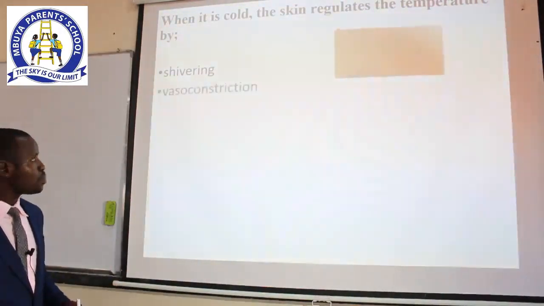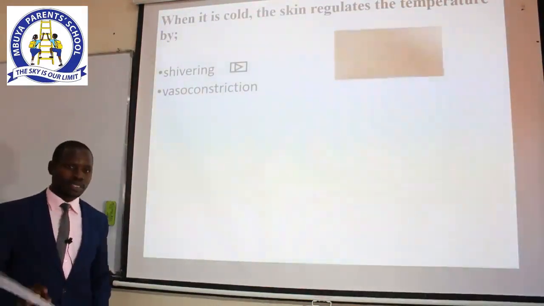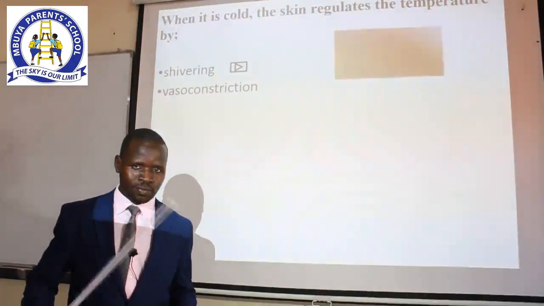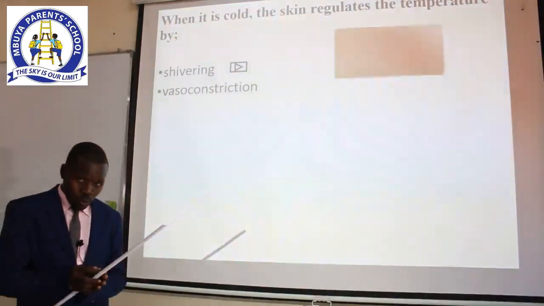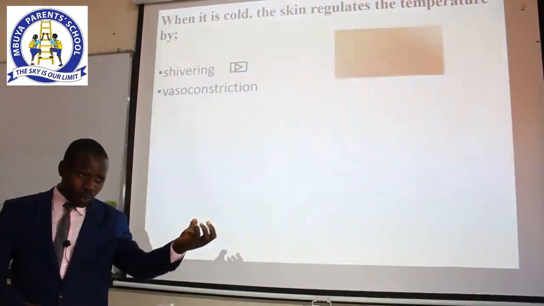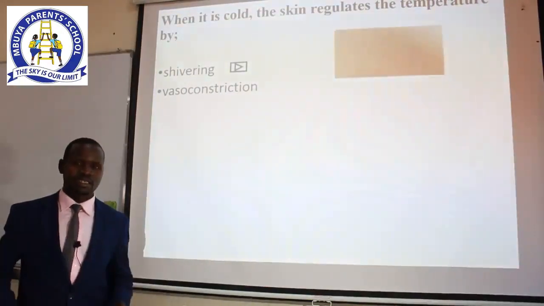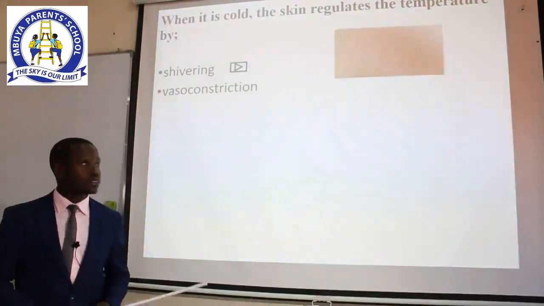What else happens on a cold day? There's a process known as vasoconstriction. This now is the opposite of what we have looked at earlier on, vasodilation. In this case, the blood vessels narrow and withdraw blood from the skin surface such that the heat that we have in our body is not lost.